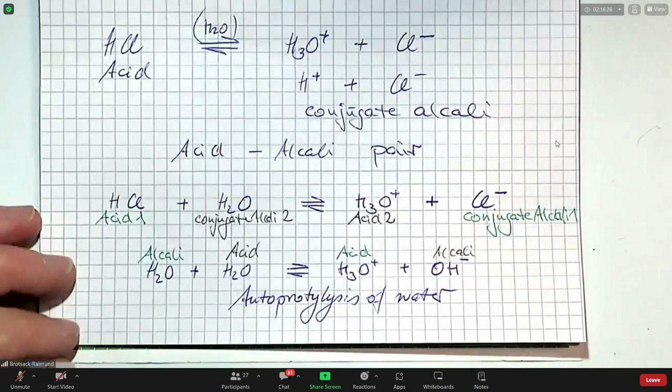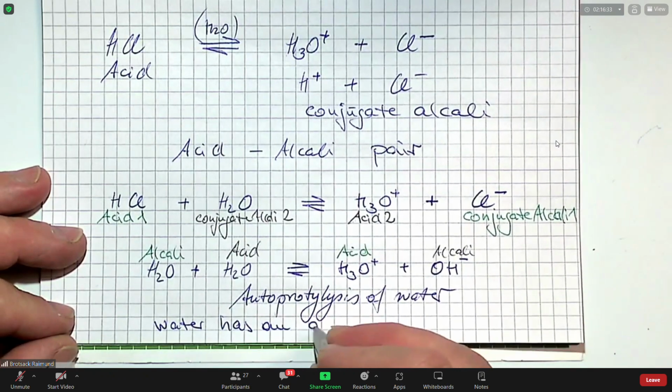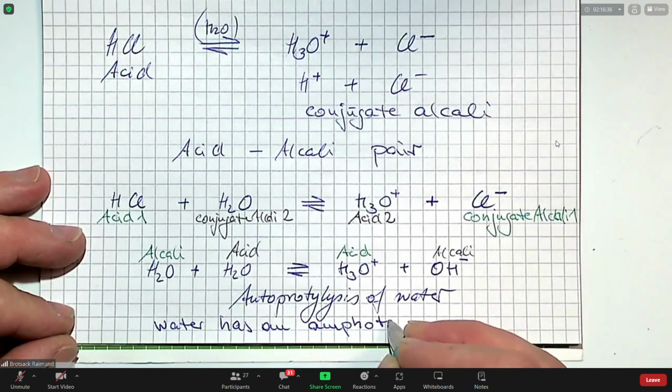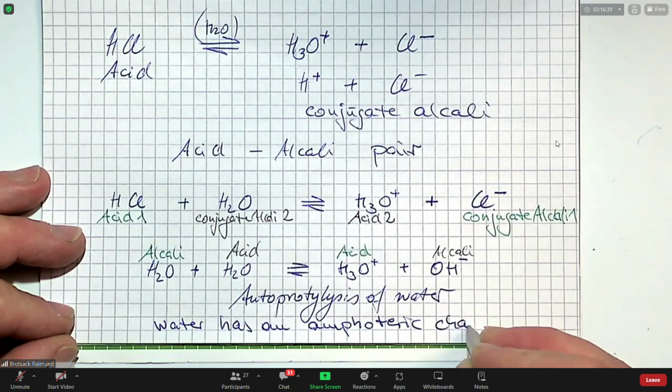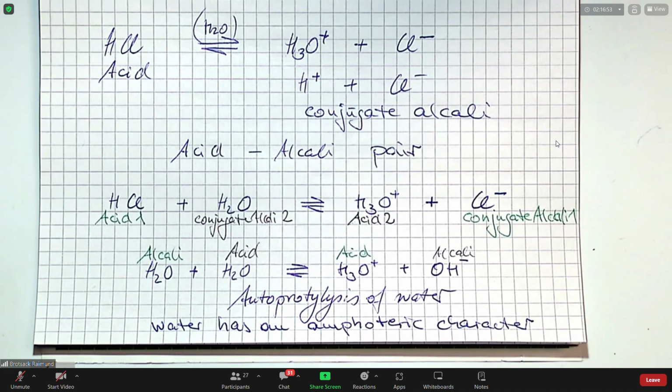So water has an amphoteric character. Meaning it can act as an alkali or as an acid. Amphoteric, A-M-P-H-O-T-E-R-I-C.